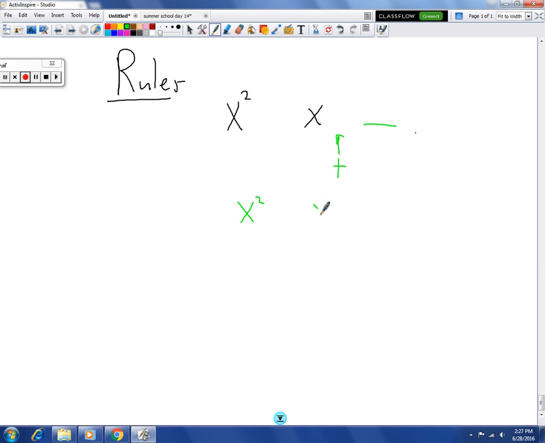So x squared, x, you got a plus, you got some number. Okay, if that's a plus here, both of these are pluses, and there's going to be some number back there. You still got a plus at the end. Okay, now you have a minus in there. They're both minus this time.